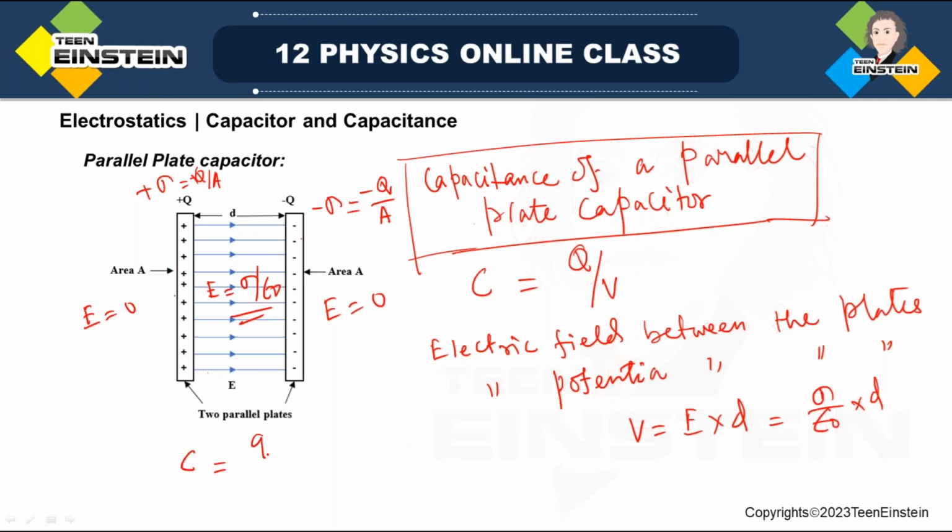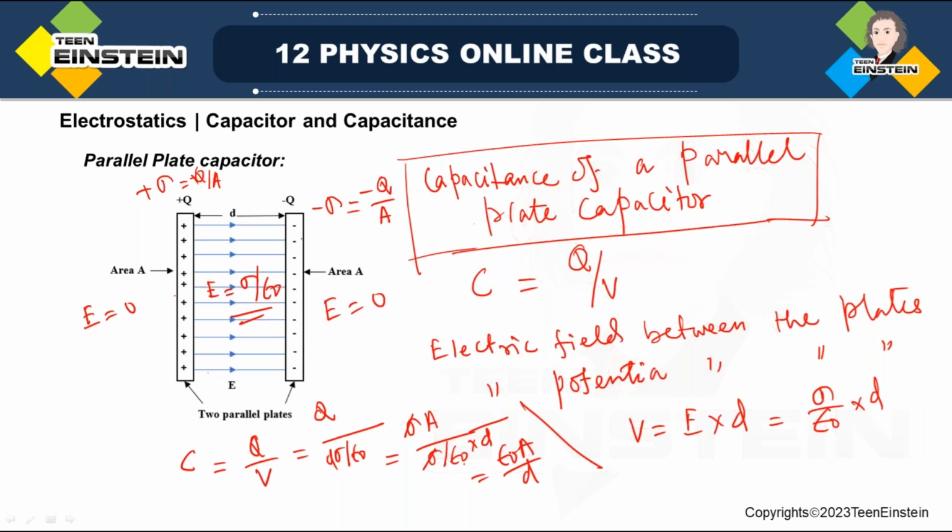Now, what is the capacitance formula? Q by V. Q is capital Q here, and V is sigma by epsilon 0 into D. Q we can also write as sigma into A, divided by sigma by epsilon 0 into D. So sigma cancels with sigma and epsilon 0 comes up, giving epsilon 0 A by D. So what is the capacitance we get?